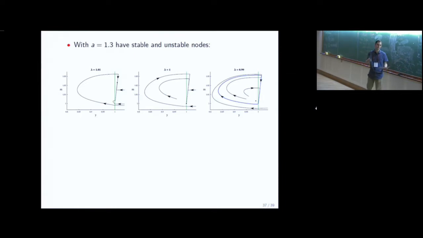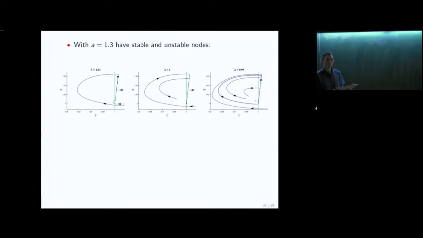Okay, so next I want to introduce a normal form for boundary equilibrium bifurcations, but now we're in continuous systems. Normal form.